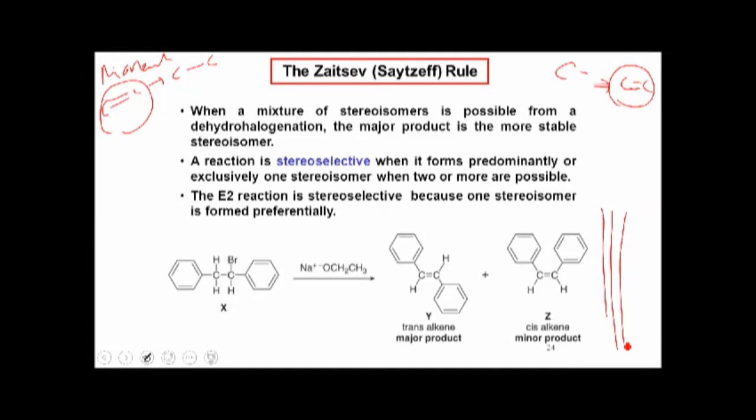It's very stereoselective, but I always tell my students that sometimes you can make something like this, and you may make something like this from your reaction. So which one is which? Always choose the double bond with more substituents.